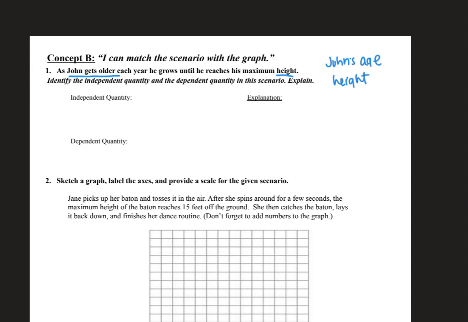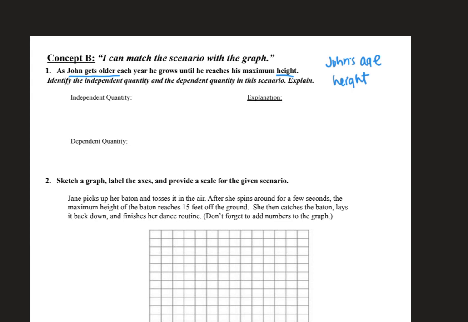So remember a couple things that might help us here. The independent quantity is a thing that kind of stands alone. And the dependent quantity is a thing that is changing dependent on the independent quantity. One way I find helpful is to say it in both directions. Do we say John's age depends on his height? Or does his height depend on his age?